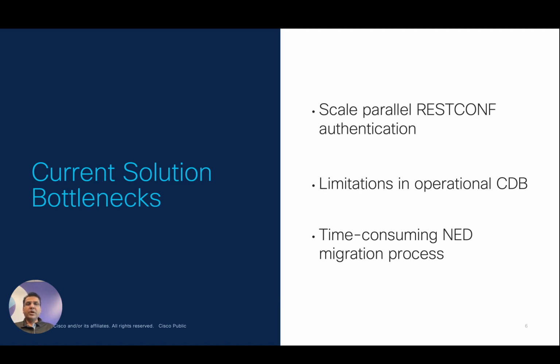But when this burst of RESTCONF calls comes to NSO, several requests were being authenticated, but a few were not being authenticated. So it was slowing down the overall process time.